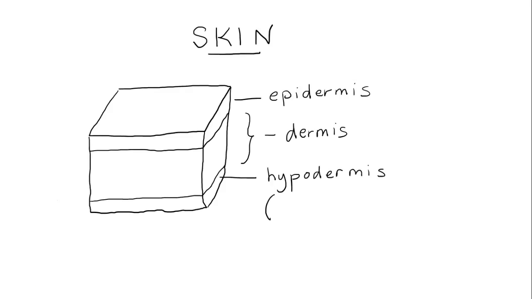Then you have the hypodermis, which is not really a layer of skin. It's really a layer under the skin. Sometimes textbooks just talk about the epidermis and the dermis, but I think the subcutaneous layer is pretty important, so we will talk about it in this lecture.